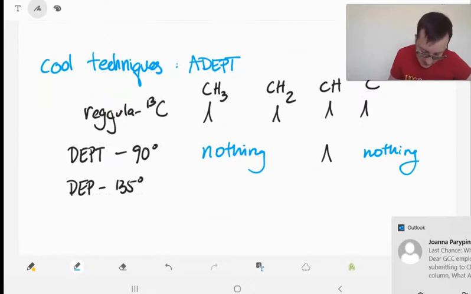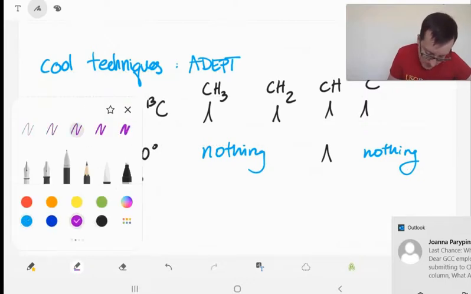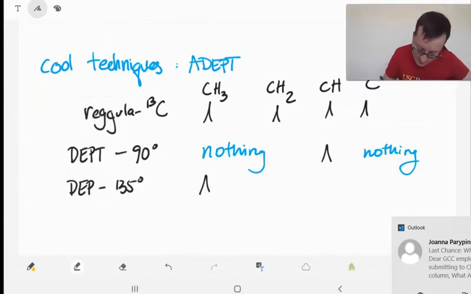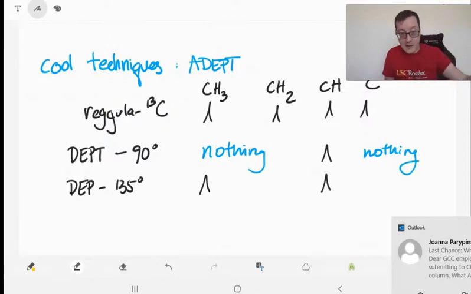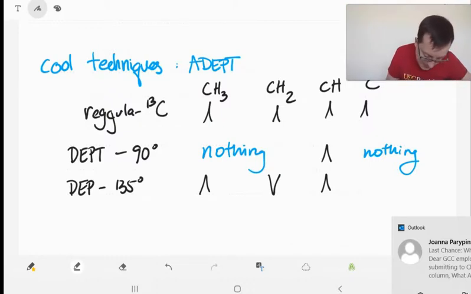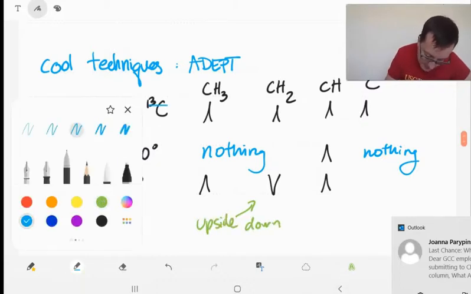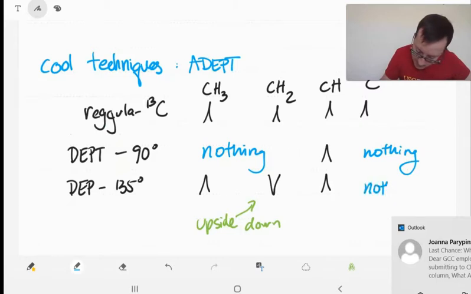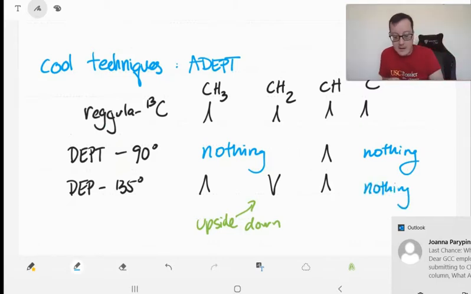And at 135, what's interesting is you'll see anything with a hydrogen, but CH2s go upside down. You get upside down peaks for CH2s, for methylenes, and you do not see regular or quaternary carbons. As a result, you can tell how many hydrogens each carbon type has.